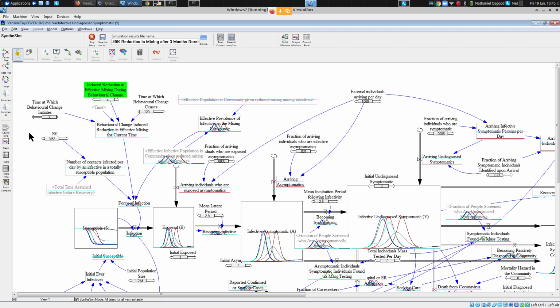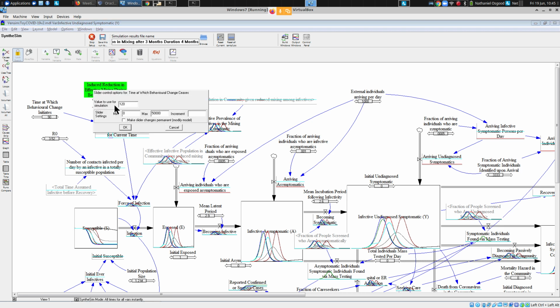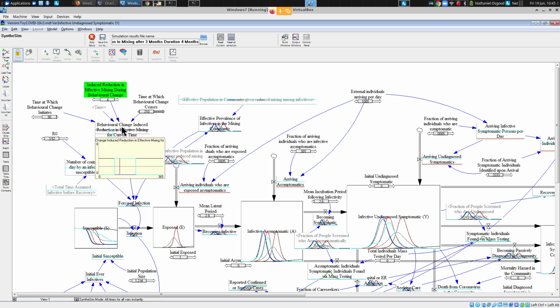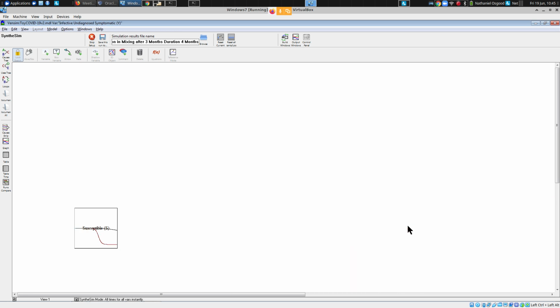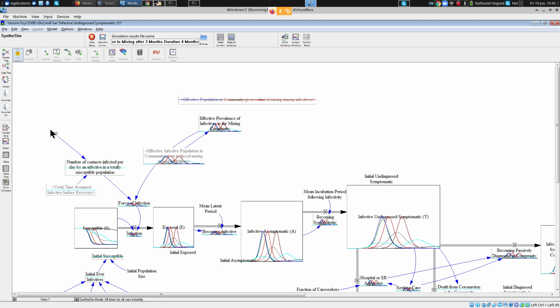We start putting into effect this intervention. And it needs to hold for 4 months. So 90 plus 120 is 210. So I'm going to put in here 210. So its duration is 210. Okay? There we go. Okay. So, ladies and gentlemen, I'm going to go to our outputs.